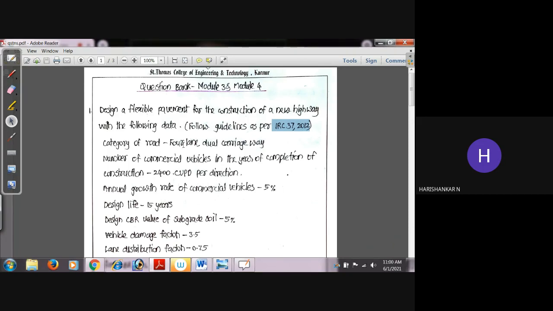Category of road, 4 lane, dual carriageway, and the number of commercial vehicles in the year of completion of construction is given as the n value. The n value is taken as 2400.